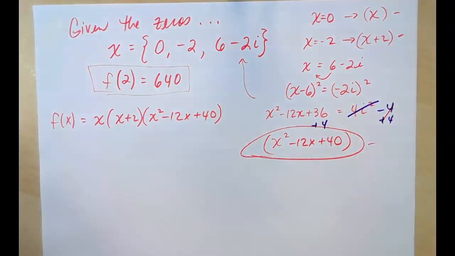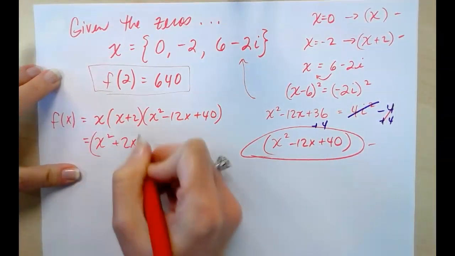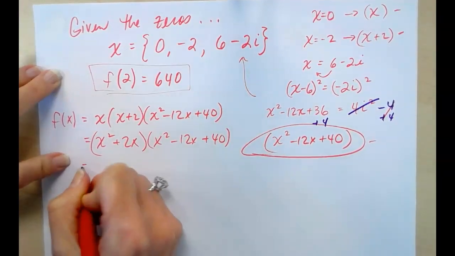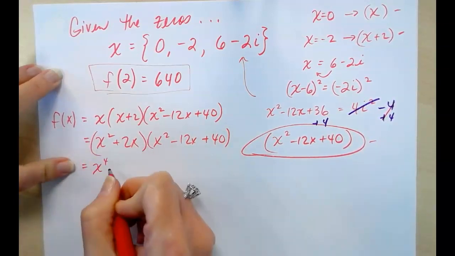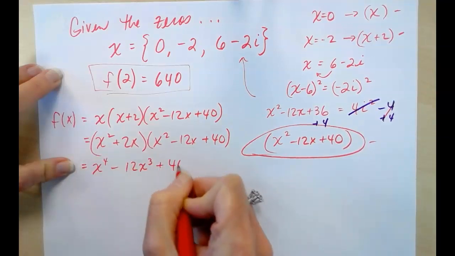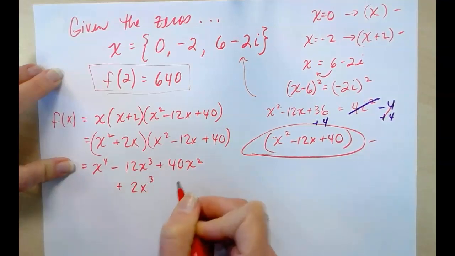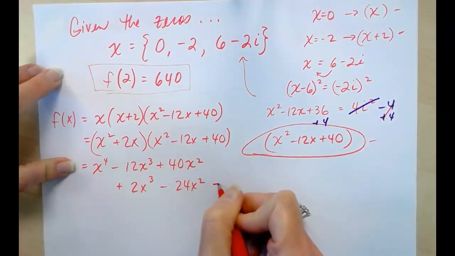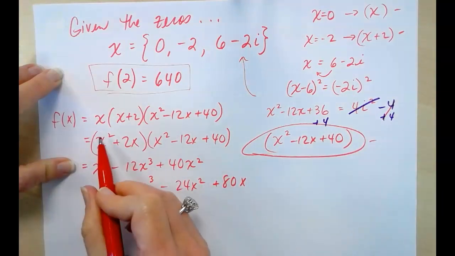So we're going to carefully multiply these together. First, the x goes through, and then use the distributive property twice. Like I've said in class, I prefer to line up my like terms. Just checking my work.